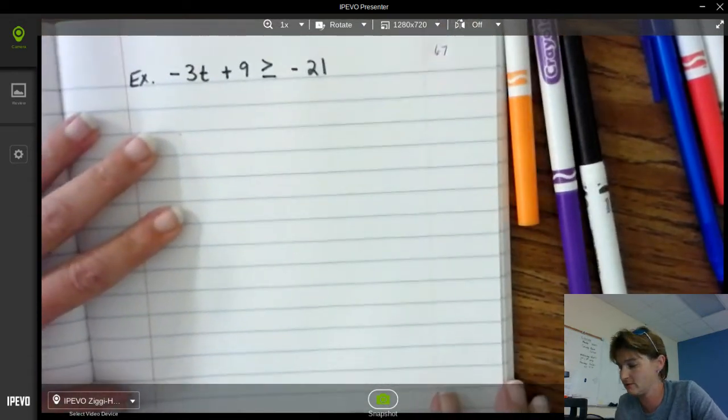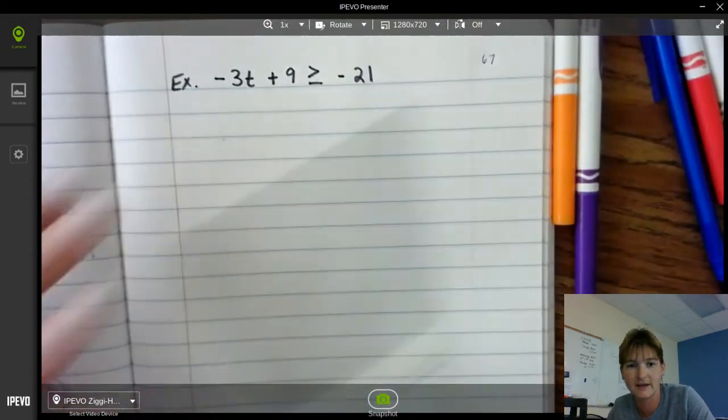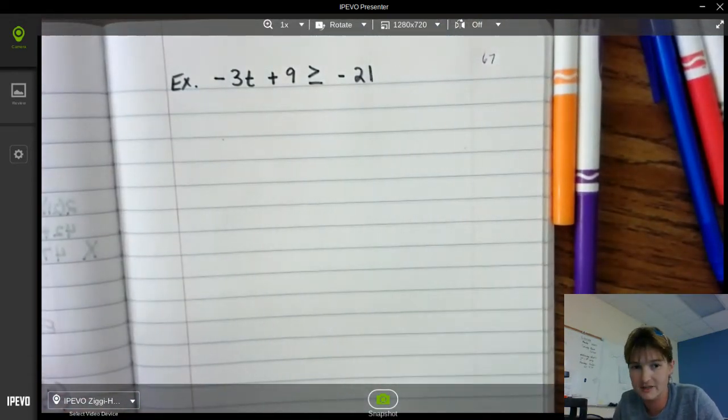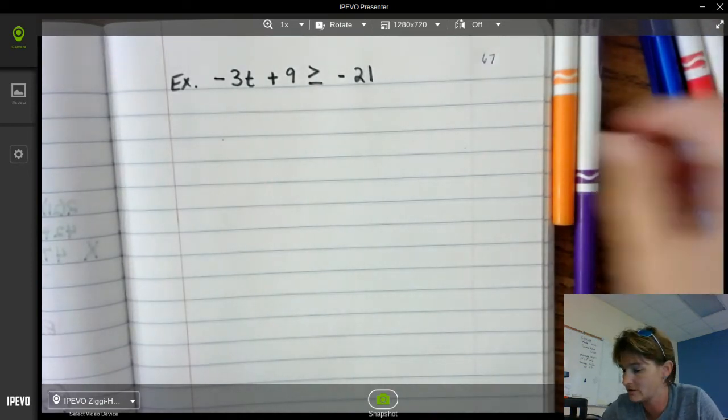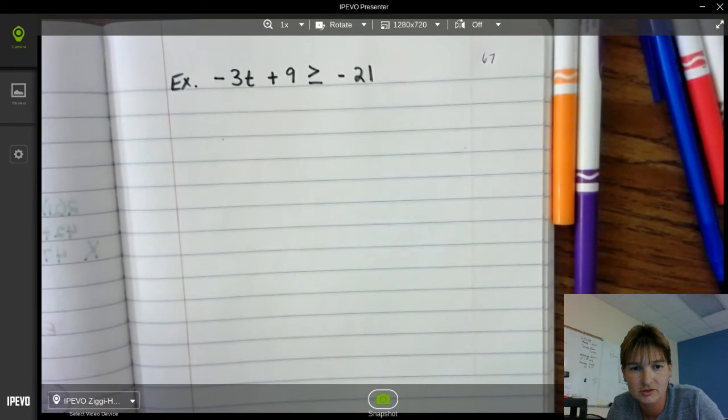Okay, oops, sorry. Didn't realize I'd done that. So negative 3t plus 9 is greater than or equal to negative 21. So let's go ahead and start solving for this.